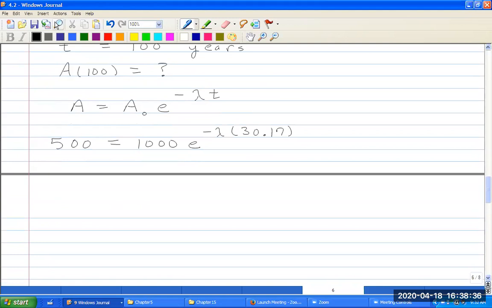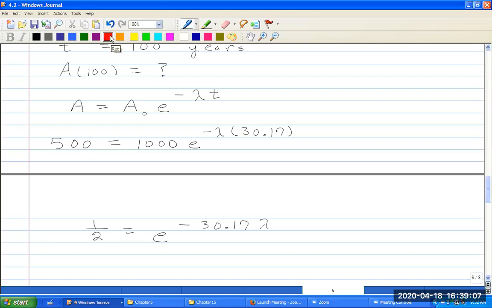Okay, so divide both sides of your equation by 1,000.